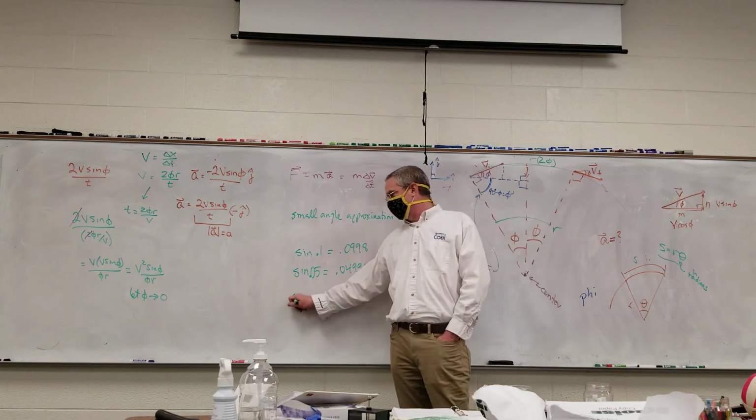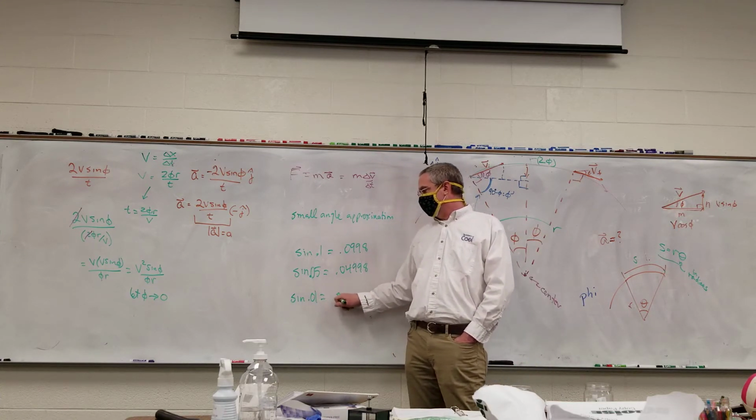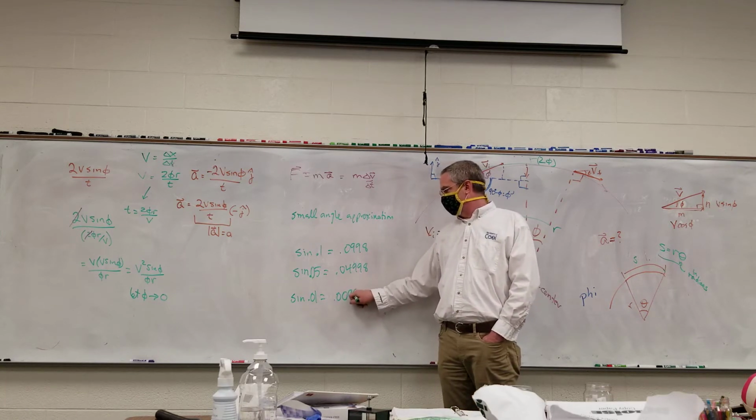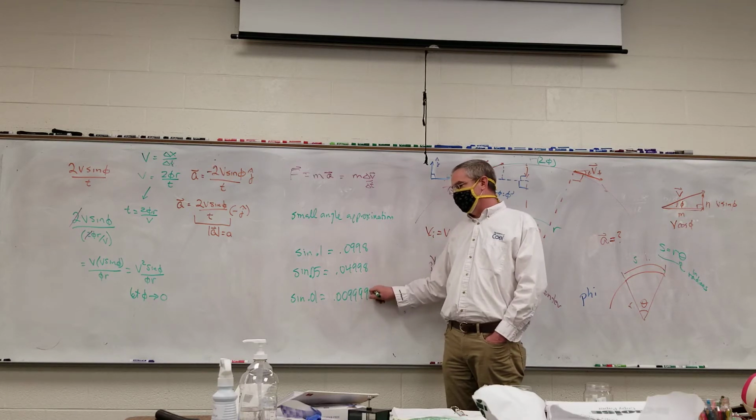Let's go down one more. Sine of 0.01. 0.0099. How many nines? 4 and then what? And 8.